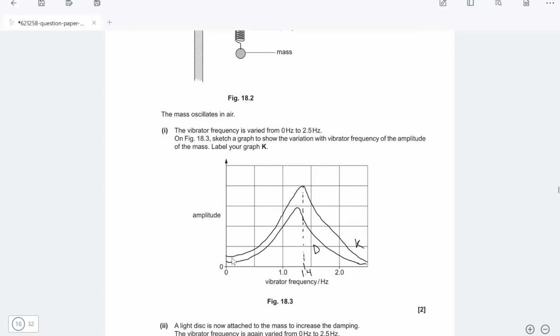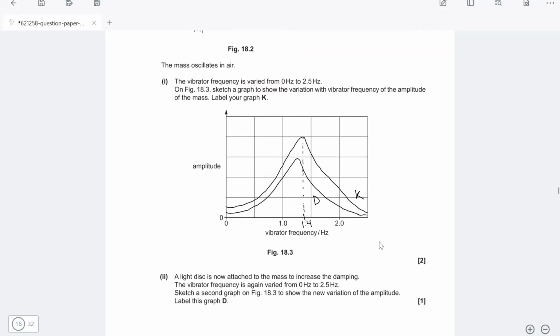We calculated in the very first part of the question that the natural frequency is 1.4 Hertz. So the graph is going to be increasing, reaching a peak, only a single peak at 1.4 Hertz, which I've labeled down here, and then it will be decreasing like so.